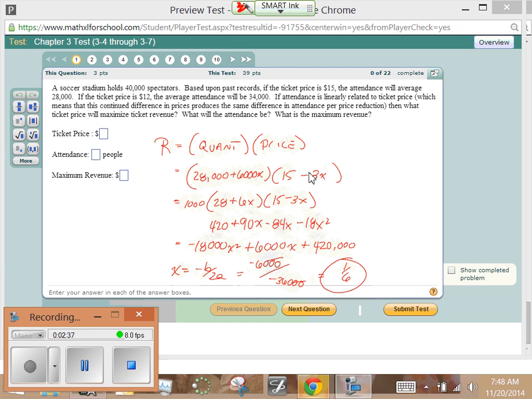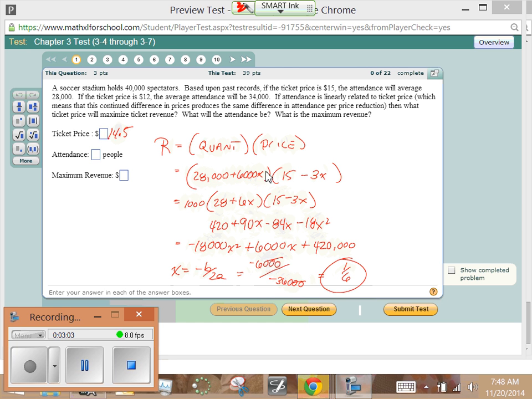So the ticket price is going to be 15 minus 3 times 1/6, which is 15 minus 0.5, 14 and a half. The attendance then, if I'm going to decrease the price by 1/6, I'm going to increase my attendance by 1/6 of this 6,000.